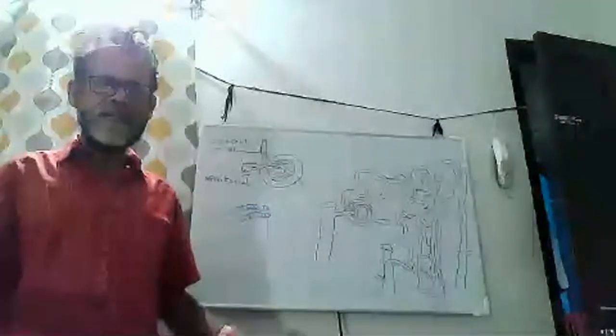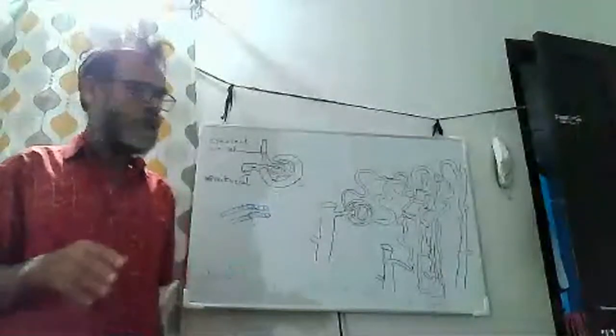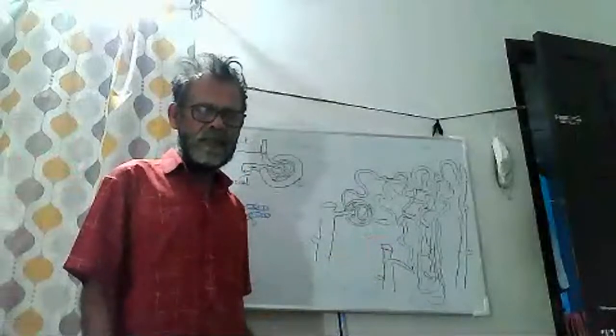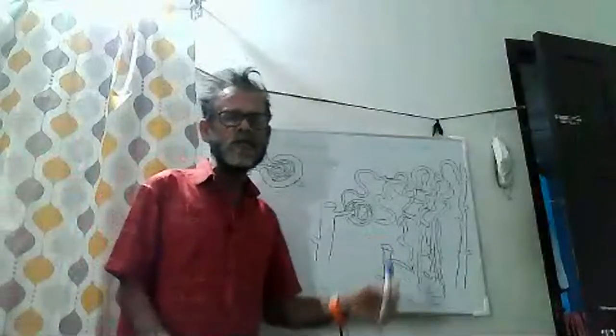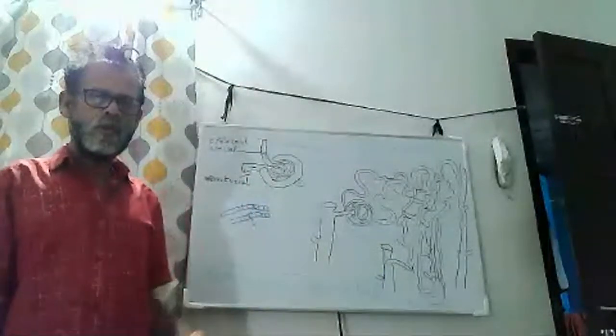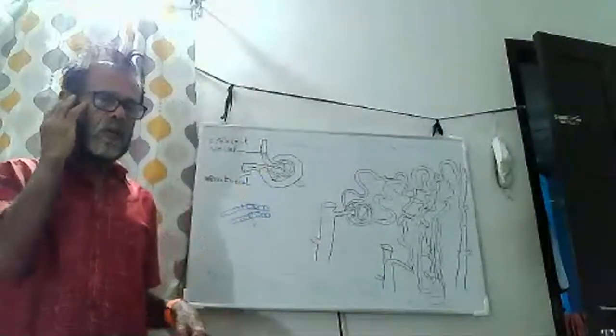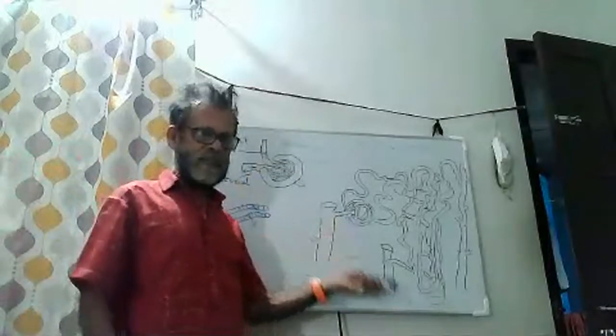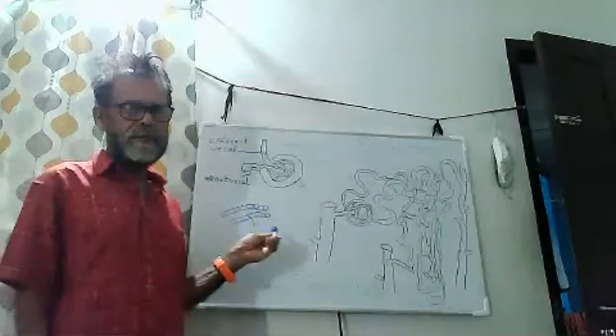When glucose and salts have left there, the concentration of the filtrate that is passing through there changes, and osmosis will take place. So through osmosis, much water will go. Water escapes through the thin layer.